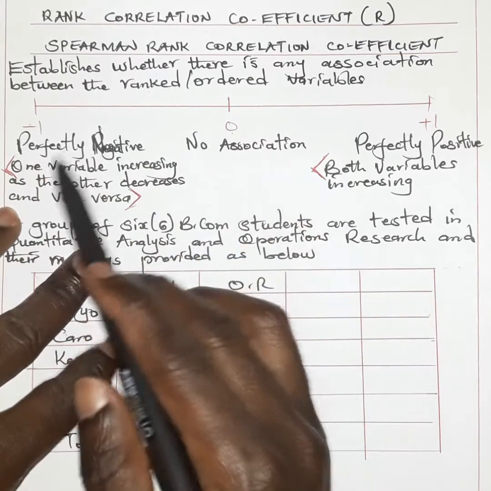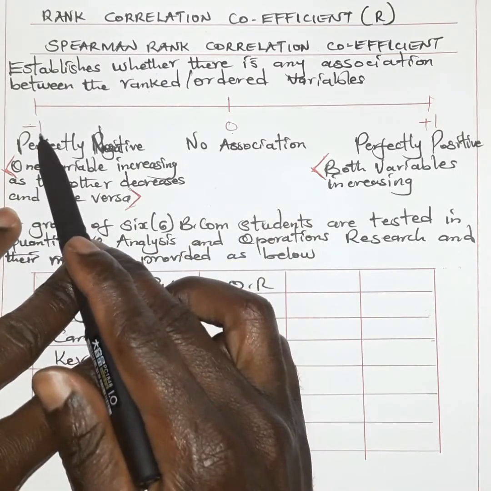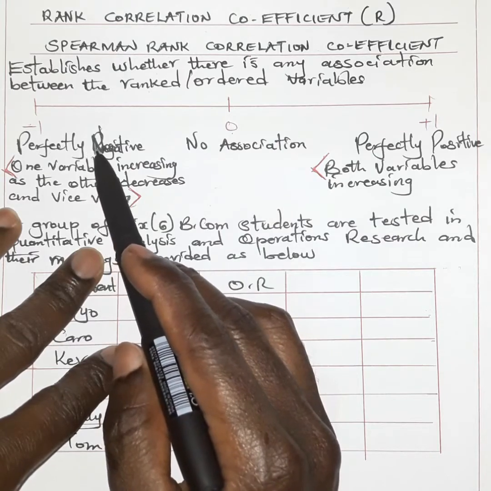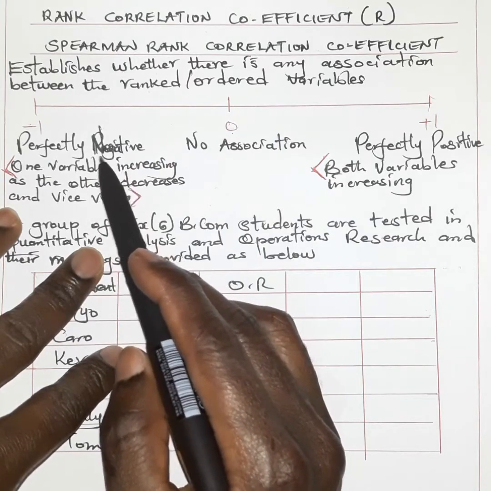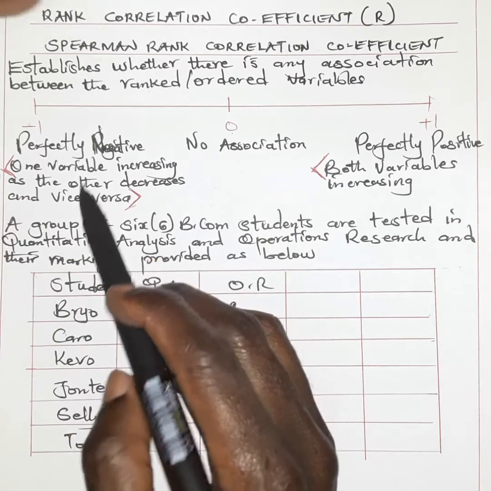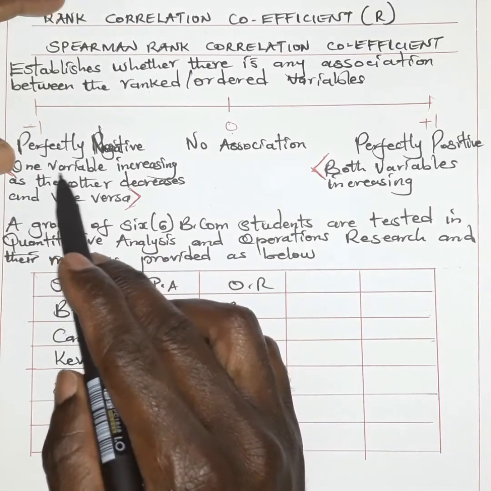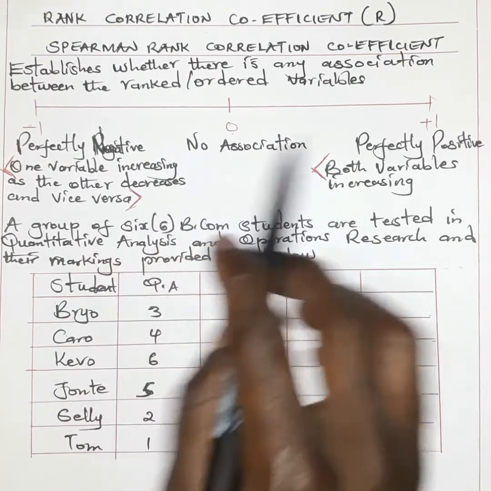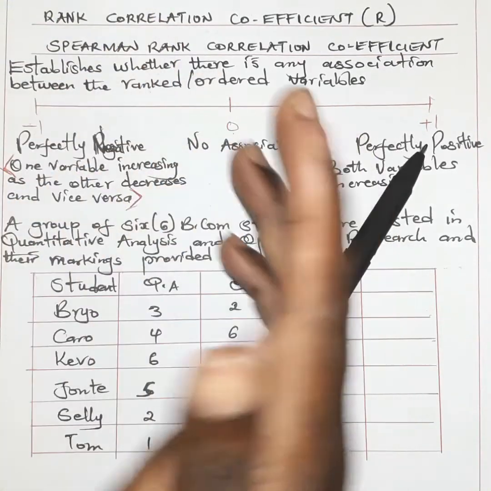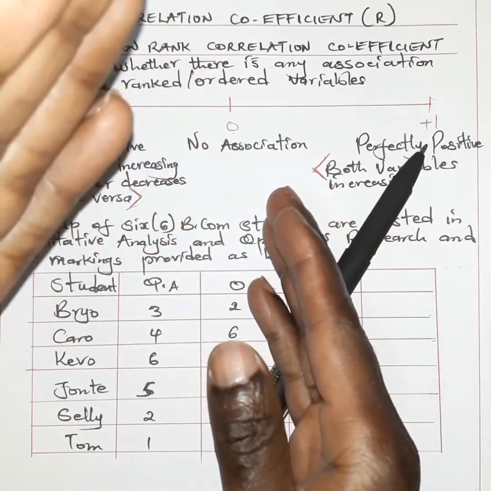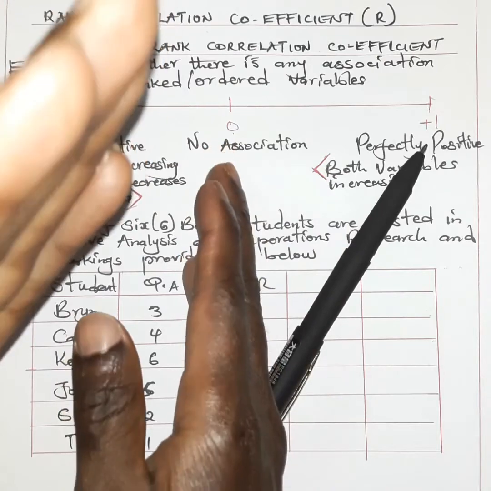If the value is negative, it means the two ranks are perfectly negative. To be perfectly negative means that one variable is increasing as the other is decreasing, and vice versa.